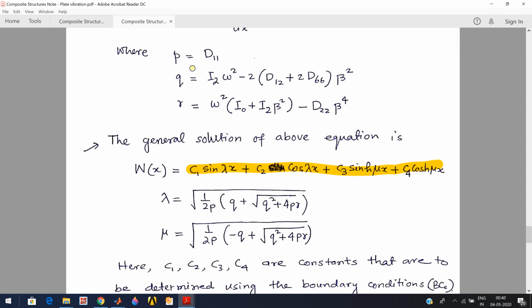So if we know p, q, r, then we can calculate lambda and mu. But you can make a note that q and r, not p, are actually omega dependent. So there is some frequency term within q and r, so lambda and mu have frequency terms inside.